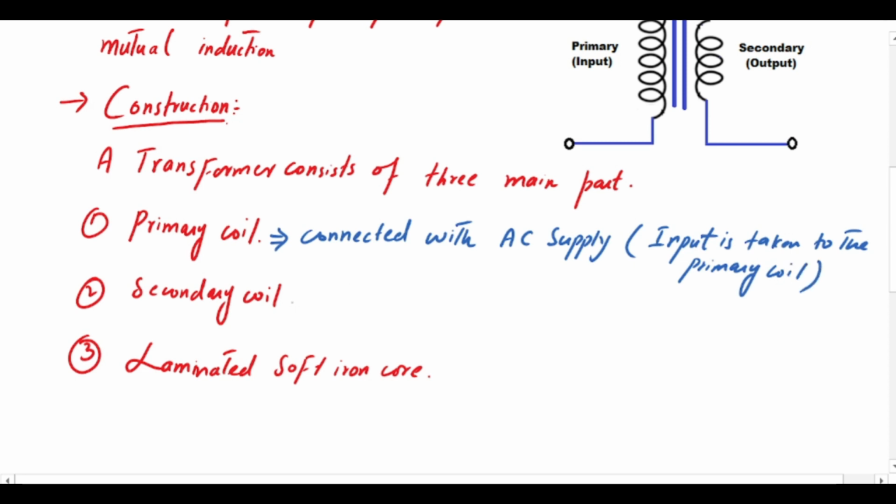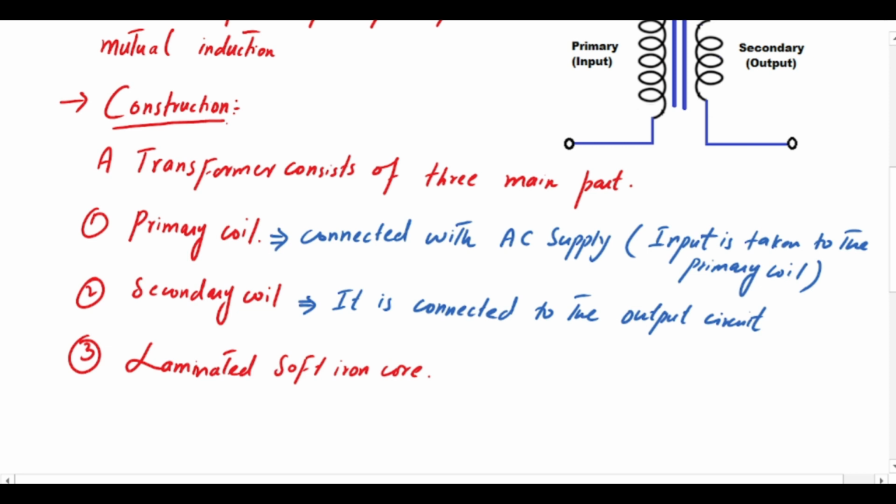Next one is secondary coil, which is connected to the output circuit. So output is taken across the secondary coil.